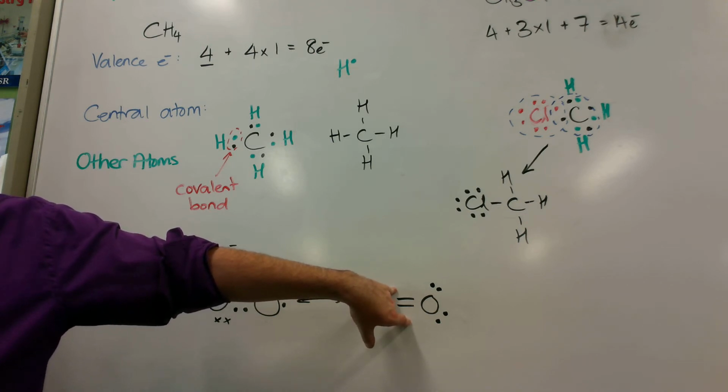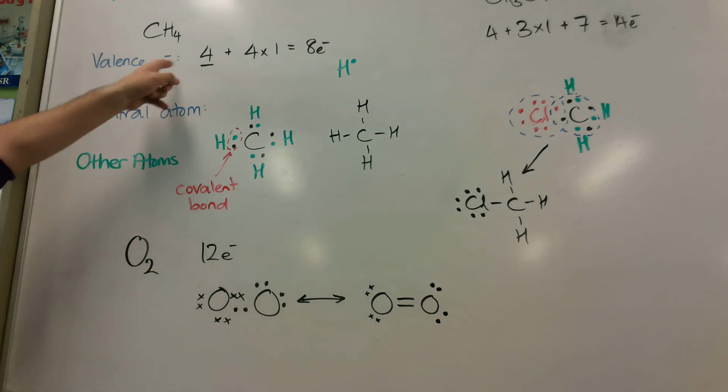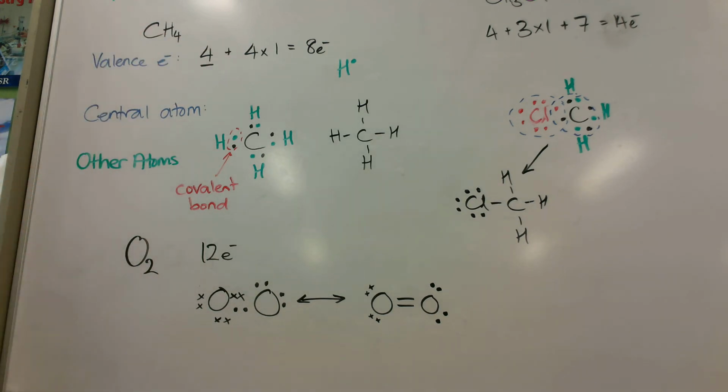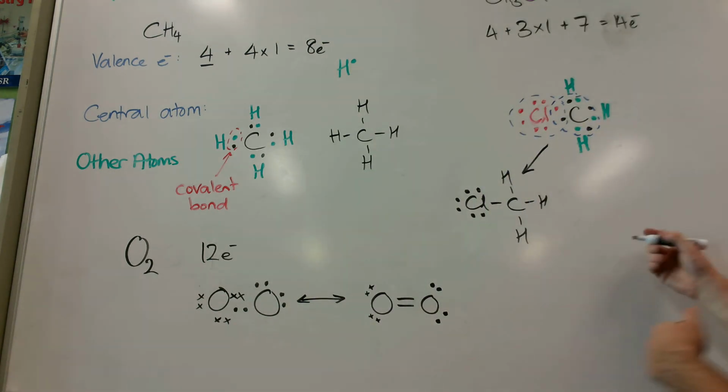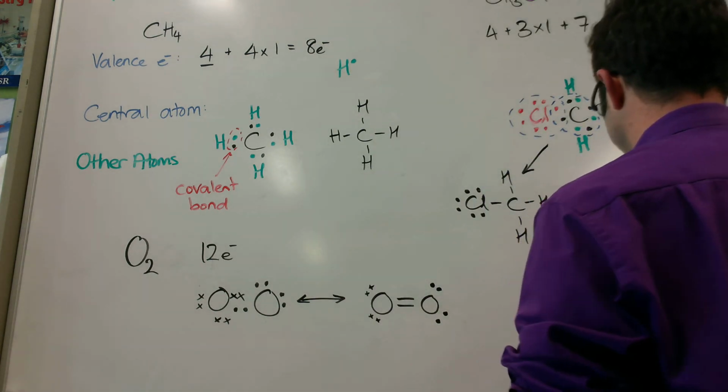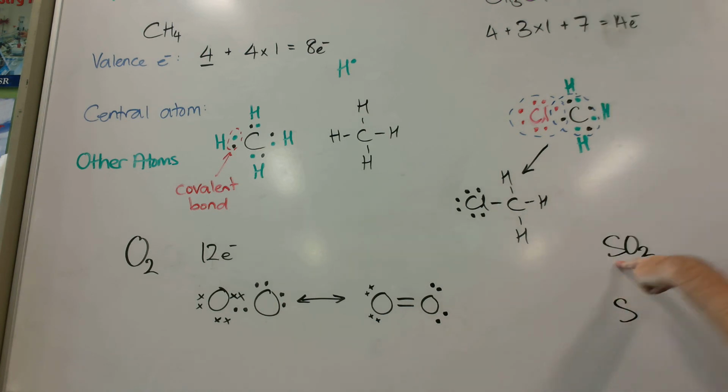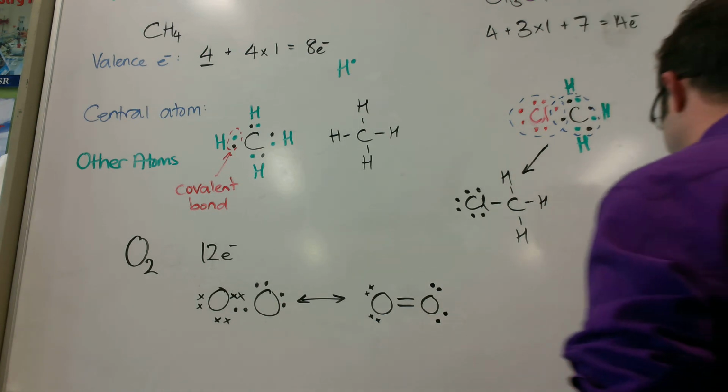Okay, does it sort of make sense? They're all involved. That's why we count them at the start, because they're all involved at some stage. And I'll show you what I mean with sulfur dioxide very quickly. I'll just draw it for you. Sulfur, there's only one of it, goes in the middle. The oxygens go on the outside.